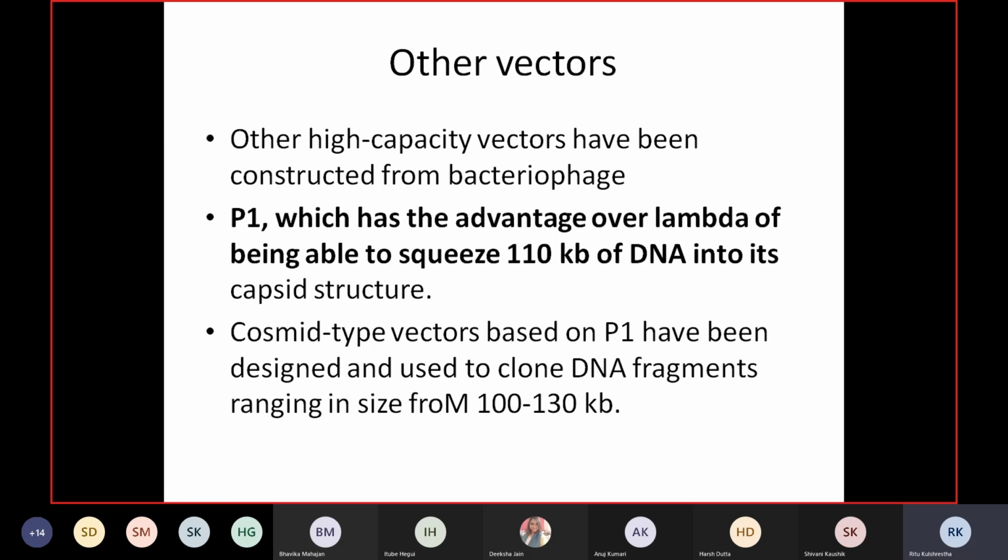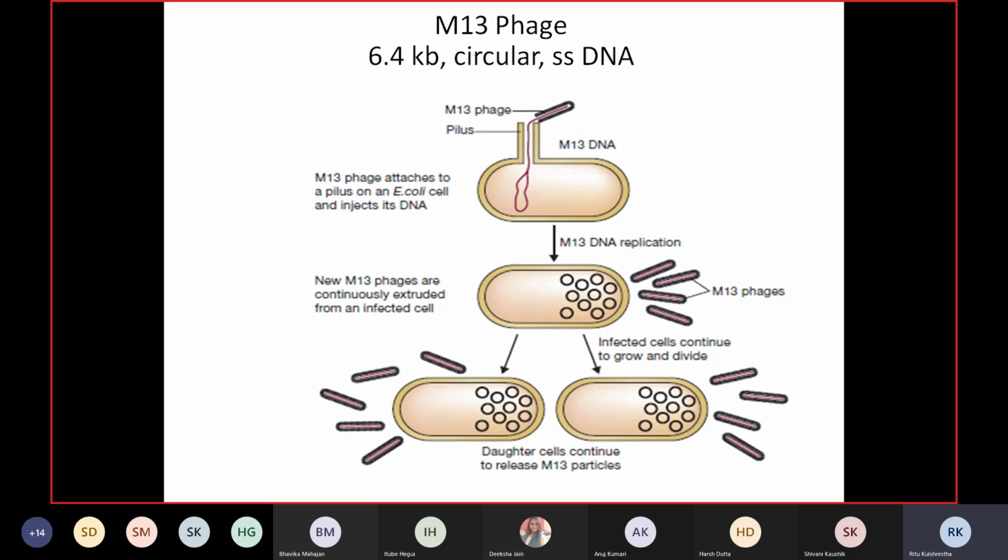Similar to cosmids, in which they have introduced the cos sites into the plasmid and increased the cloning capacity, for the P1 phage they have made P1-based artificial chromosomes (PACs), which have much higher capacity as compared to P1 phage alone. So definitely there are so many cloning vectors. I cannot go into detail on all of these, but this is just for your information.